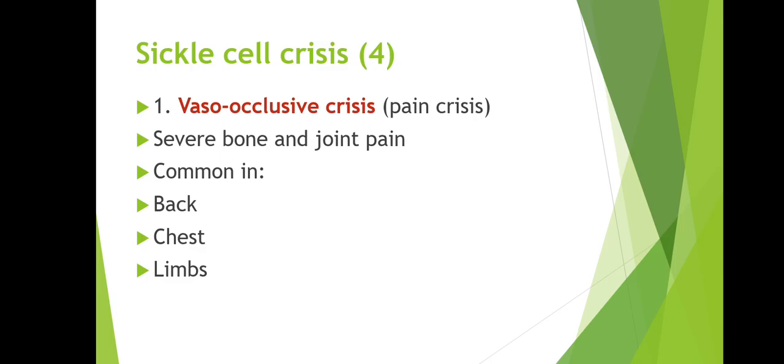That numbness happens in the blood vessel. So there's going to be pain crisis, with severe bone and joint pain, usually common in the back, chest, and limbs. This is vaso-occlusive crisis: occlusion of the blood vessels, capillaries.